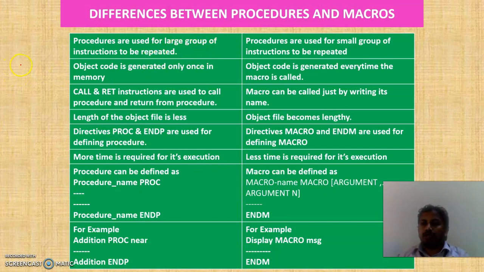One good thing about the procedure is that you have written a very lengthy program, and this program can be used as a procedure and repeated a number of times. It makes it very easy for longer programs. Macros are used for a small group of instructions to be repeated.